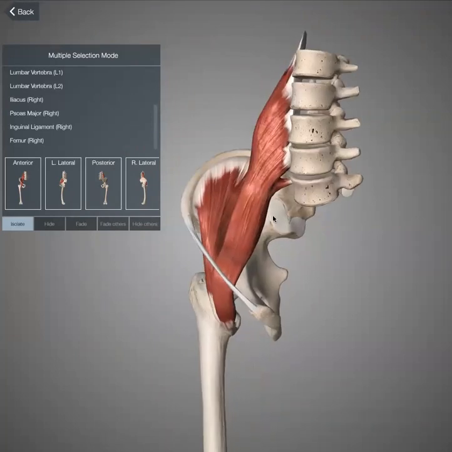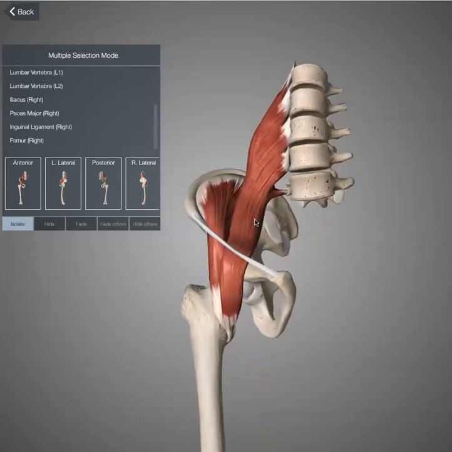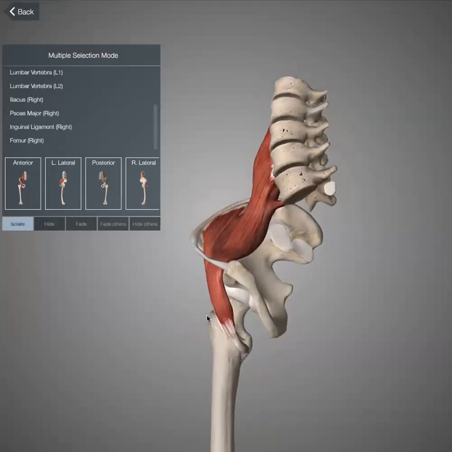It only takes about 3/4 or 2/3. And that's where it originates. It then travels below the inguinal ligament and takes the same route of the psoas major, at some point makes a common tendon, and inserts onto the lesser trochanter.